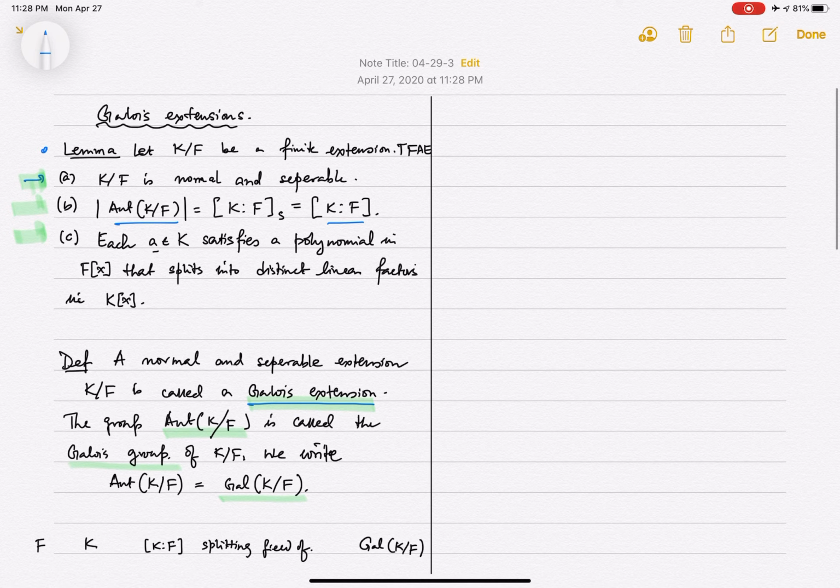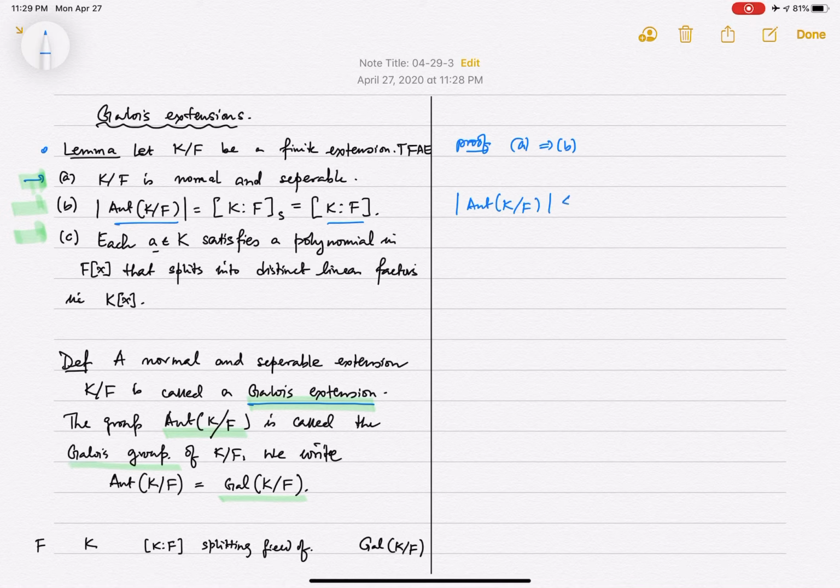Maybe we should get down to earth and actually indicate how this lemma is proved, a little bit at least. So I claim, let's try A implies B. So I claim that in any case you have these inequalities.